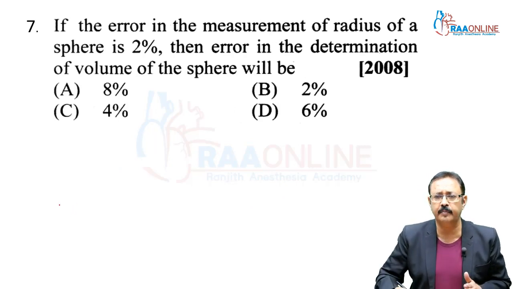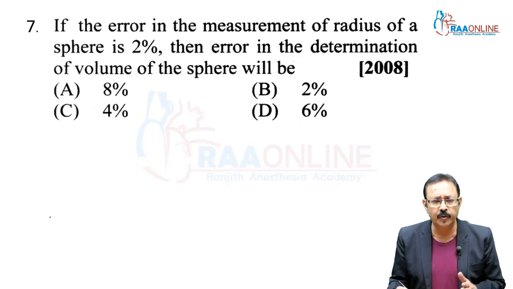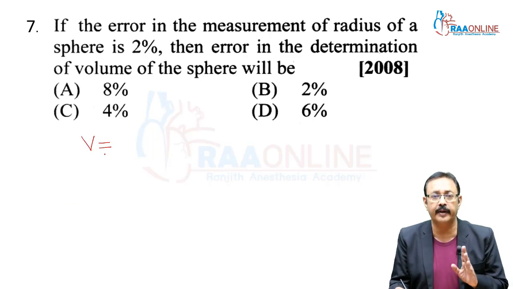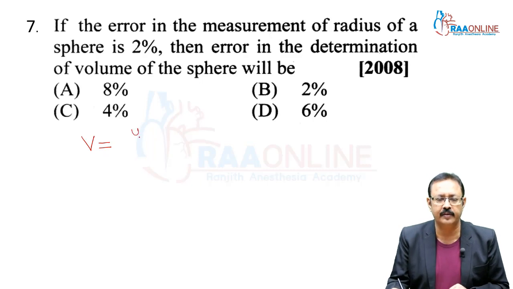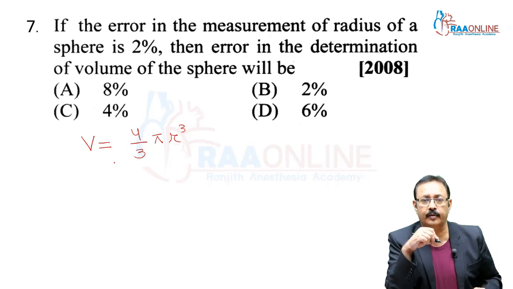If the error in the measurement of radius of a sphere is 2%, we want to calculate error in volume. Only you should know the formula for volume. It is a mensuration formula from 8th class. What is the volume formula? For sphere, 4 upon 3 pi r cube. 4, 3, pi, all are constants.